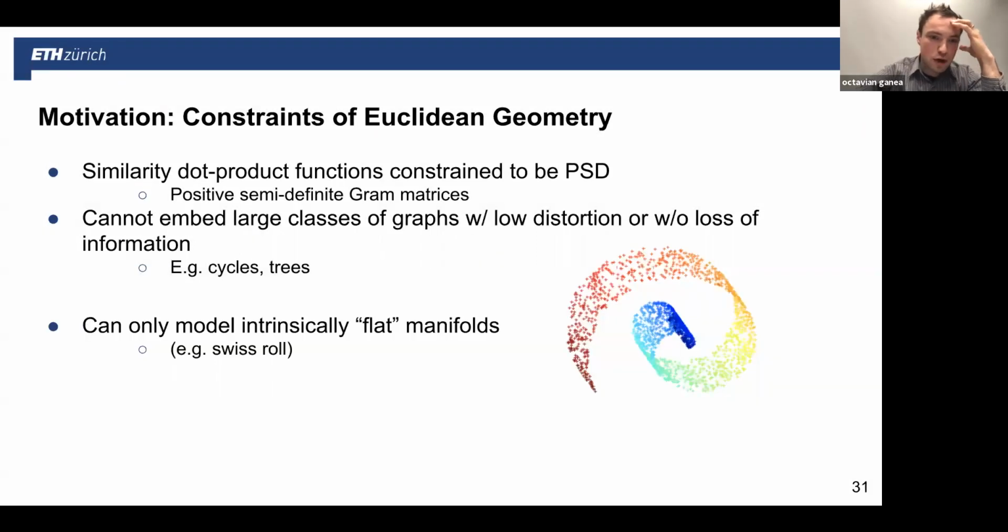Okay, so Euclidean spaces can model perfectly only intrinsically flat manifolds. These are manifolds, like surfaces, that can be stretched without encountering any distortion and can be flattened, so they can be put on a completely flat sheet of paper.